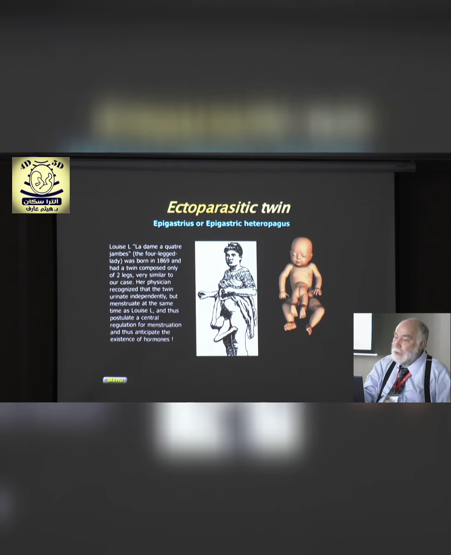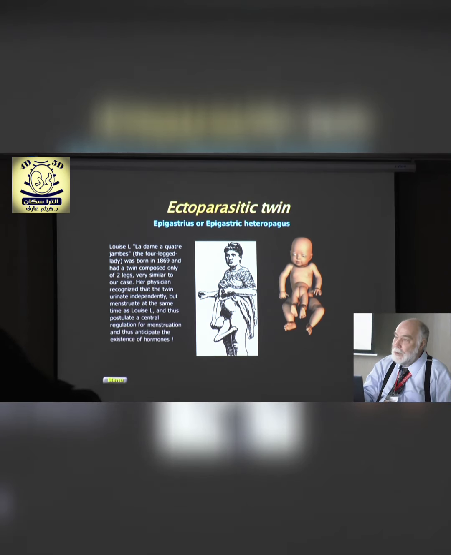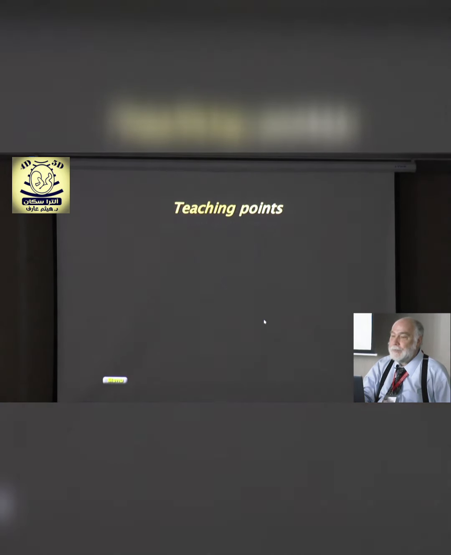And the doctor who looked at this person found that the legs were peeing independently from the host, but they were menstruating at the same time. So he postulated that there was a central regulation for menstruation and a local mechanical regulation for urination. I think this was a very interesting example of a birth defect that helps solve some issue of physiology.